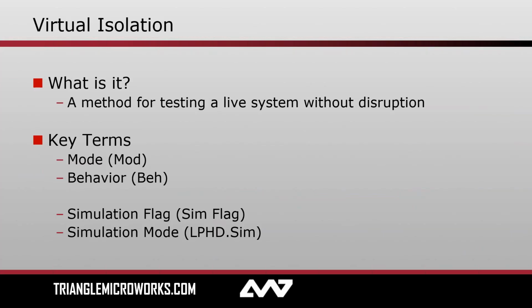The next key concept is simulation, specifically the simulation flag, which is a flag in a GOOSE message or a sample value message, which can be true or false. And then simulation mode, this is a controllable setting on IEDs. I'll explain in the next slides what all of these terms mean and how they work together.